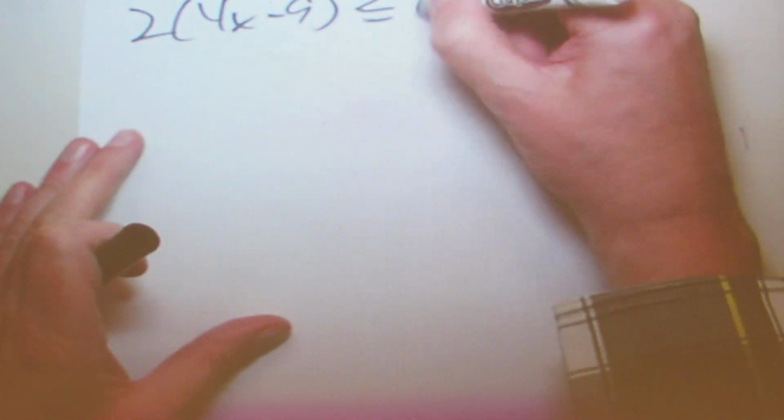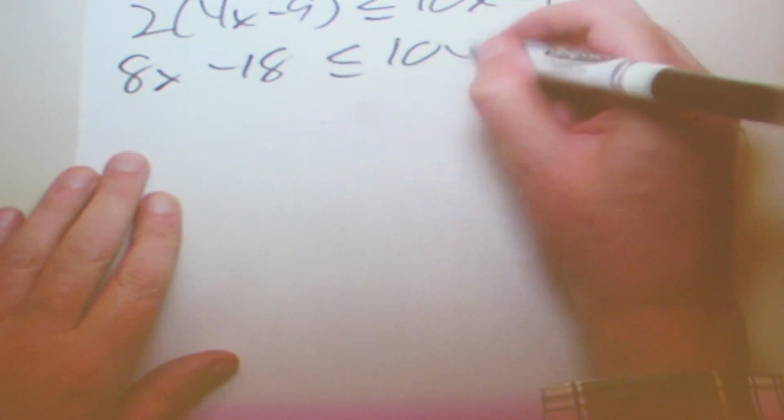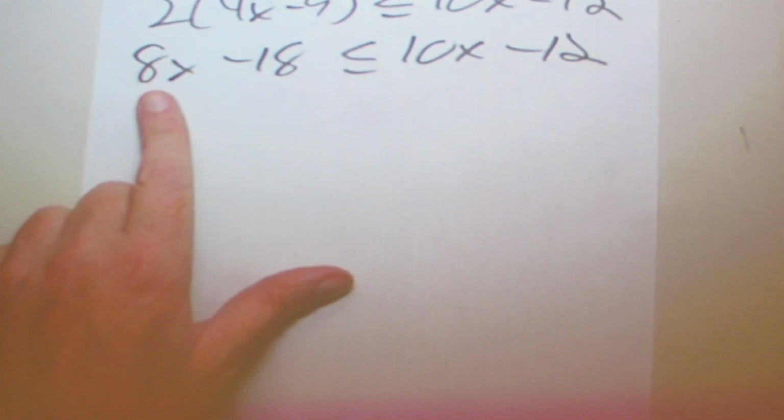Next is going to be an inequality. So let's say we have 2 times 4x minus 9 is less than or equal to 10x minus 12. So the first thing we have to do is distribute the 2. We'll have 8x minus 18 less than or equal to 10x minus 12. So I'm going to bring all my x's to this side and my numbers to this side.